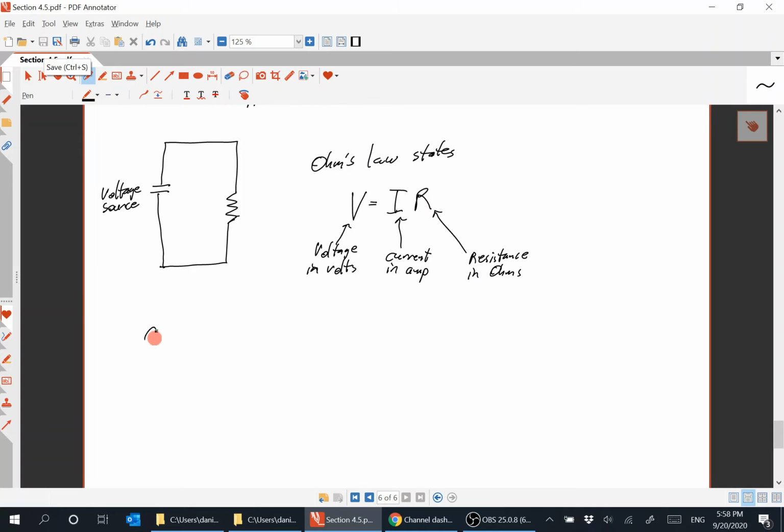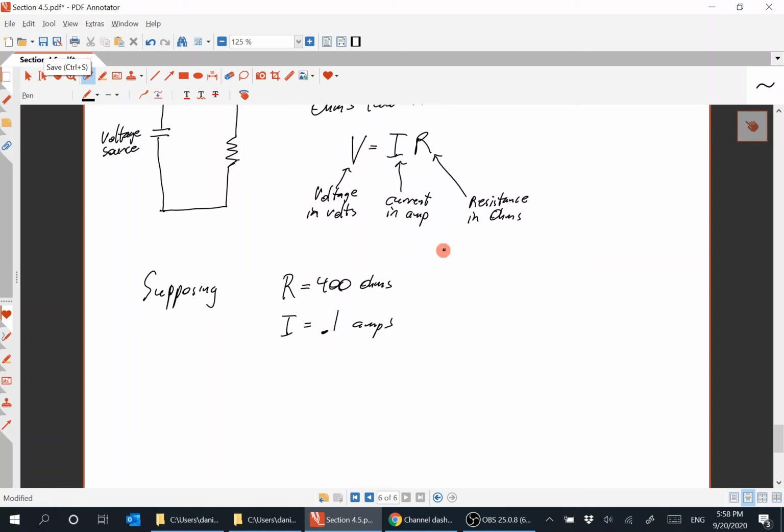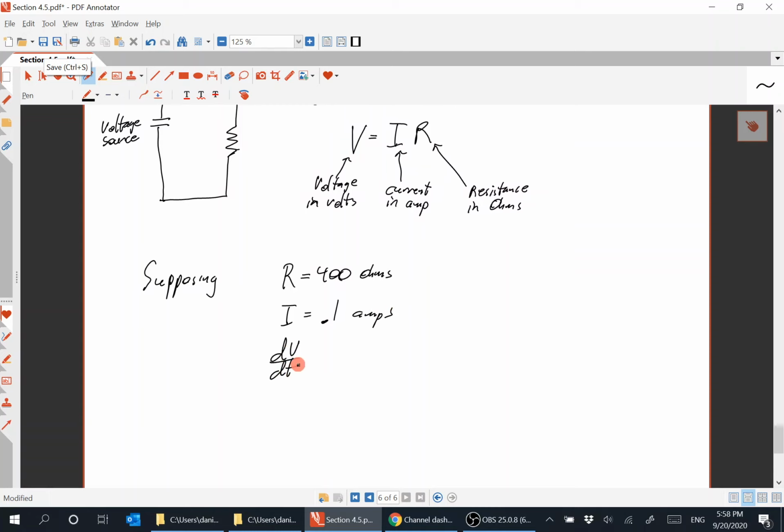Supposing that you've got some sort of simple resistance circuit there, and the resistor has a resistance of 400 ohms, and the current is 0.1 amps, and the voltage dV dt is changing at minus 0.01 volts per second, and the resistance is changing at 0.03 ohms per second.